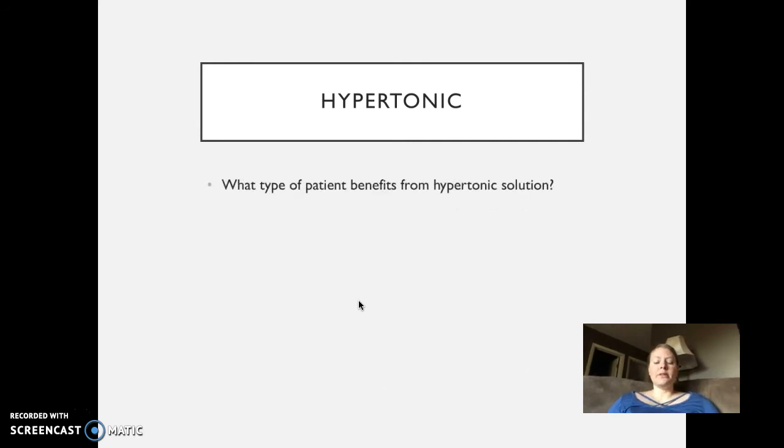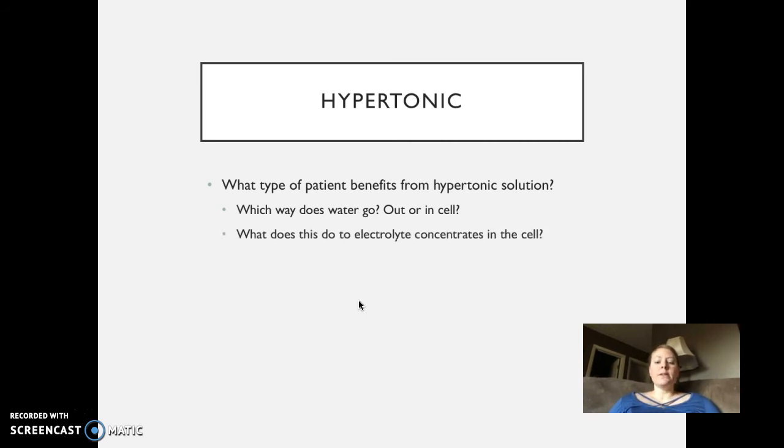So what type of patients, like we just talked about, will benefit from hypertonic solution? Which way does the water go, out or into the cell? Where's the gradient the highest? What does this do to electrolyte concentrations in the cell? So we want to dilute the electrolytes.